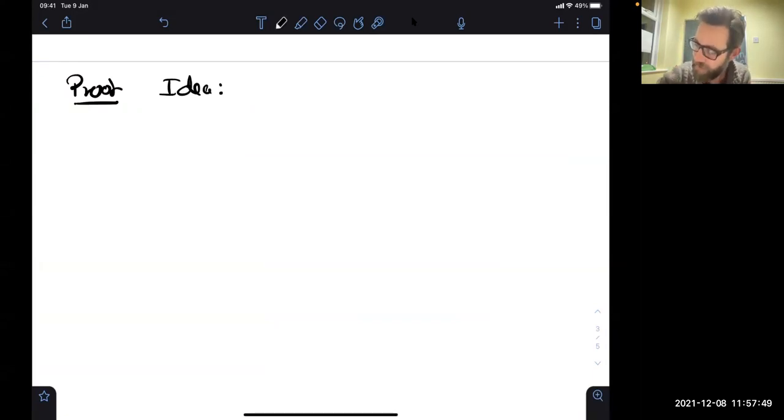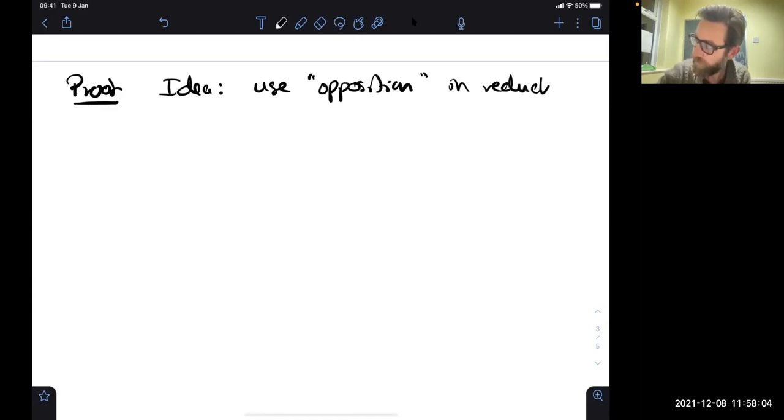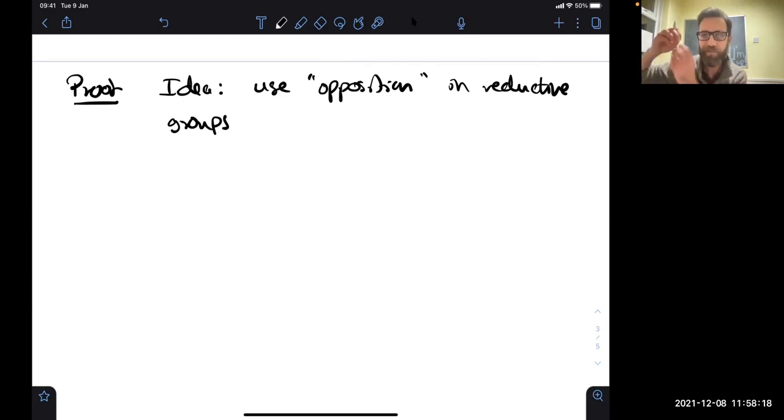So the idea is to use the notion of opposition in reductive groups. What do I mean by this? I'm going to be working with unipotent elements and Borel subgroups. Whenever I write down a Borel subgroup and a unipotent element in it, it's sticking off in one direction in my reductive group.